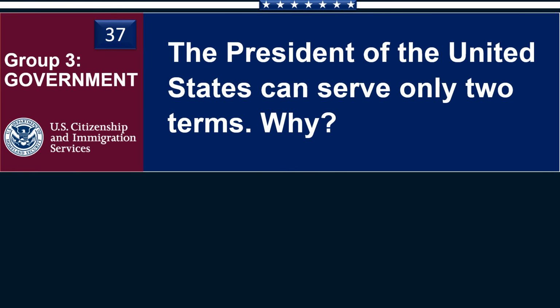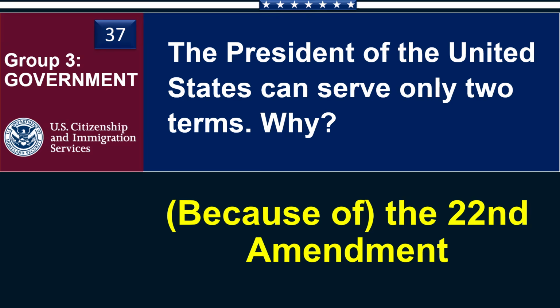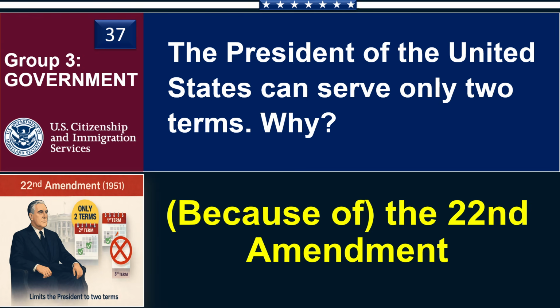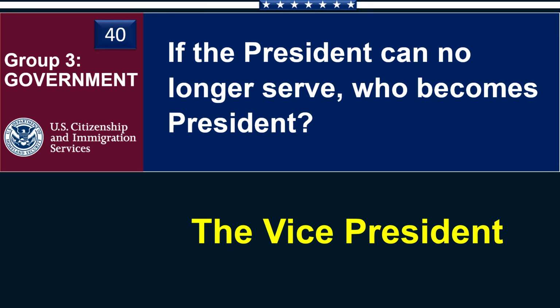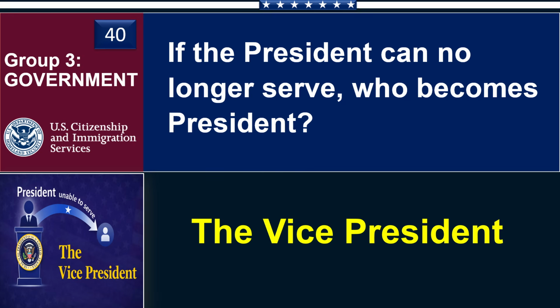The President of the United States can serve only 2 terms. Why? Because of the 22nd Amendment. If the president can no longer serve, who becomes president? The vice president.